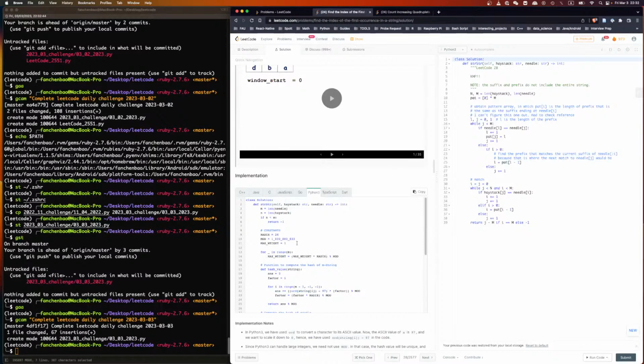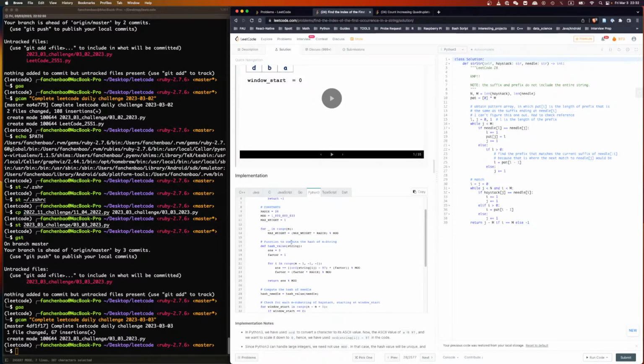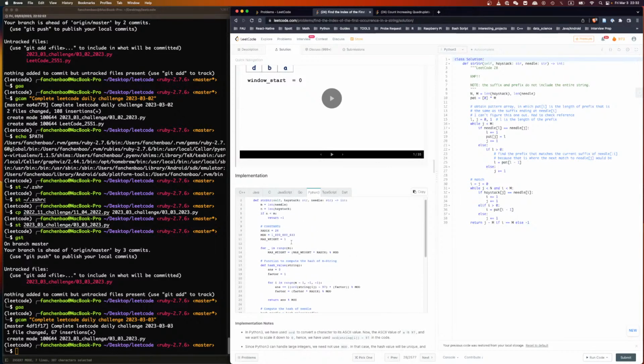Okay, radix, mod, weight, maximum weight. Wait, what's this weight?